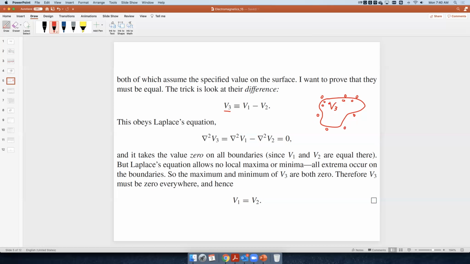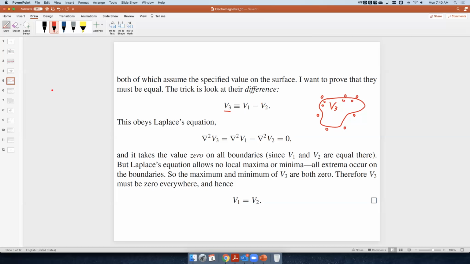If V3 is 0 everywhere, that means V1 subtracted by V2 equals 0 everywhere, so V1 and V2 have no differences. So V1 equals V2.